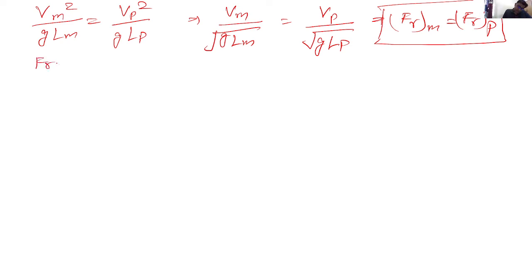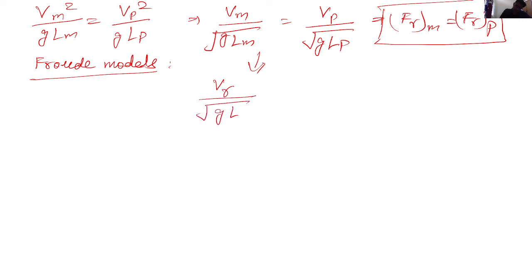Now, for Froude models, from this expression, we can write VR by square root of GLR equal to 1.